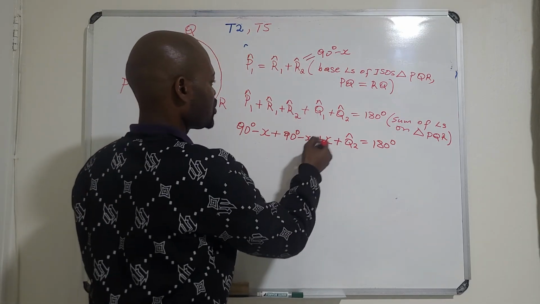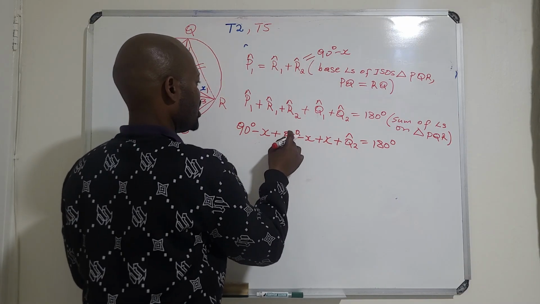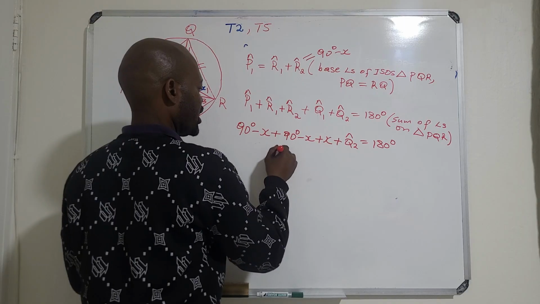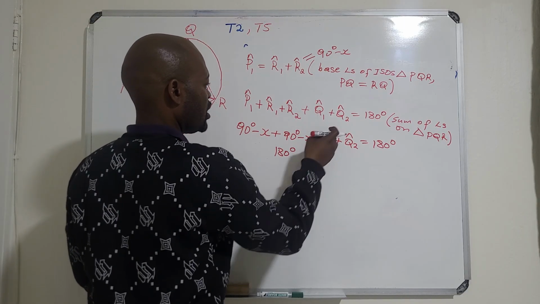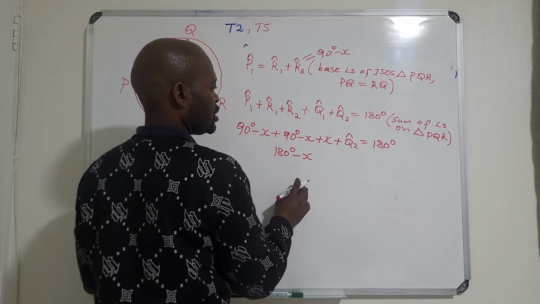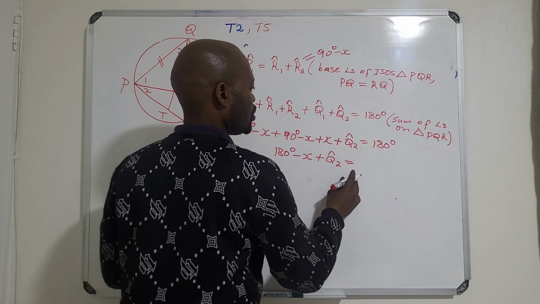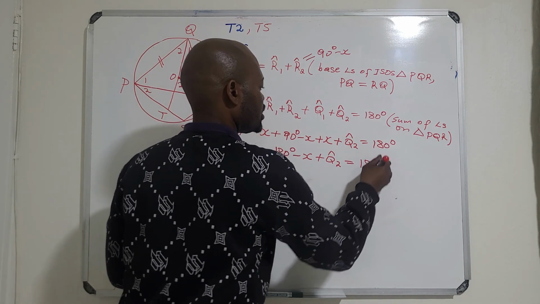Now, these ones are going to cancel with that. We're going to be left with this plus this, which is 180 degrees. This cancels with that. You're left with minus x plus angle Q2, which equals 280 degrees.